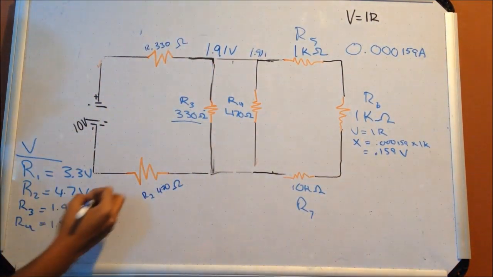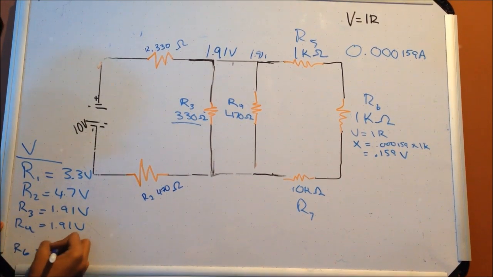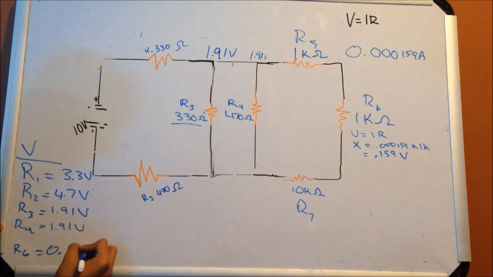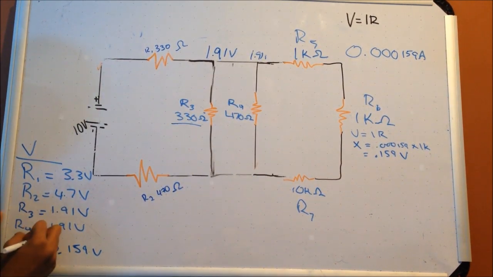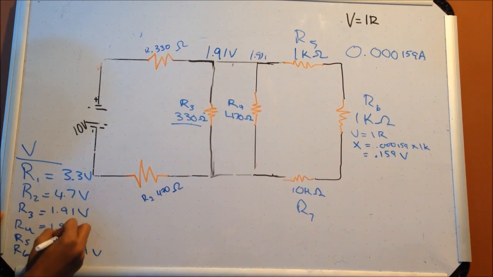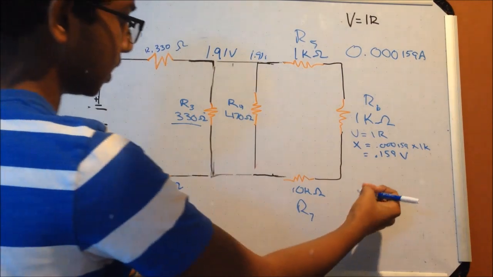So resistance 6 is 0.159 volts, and since this has the same resistance, resistance 5 is also 0.159 volts.